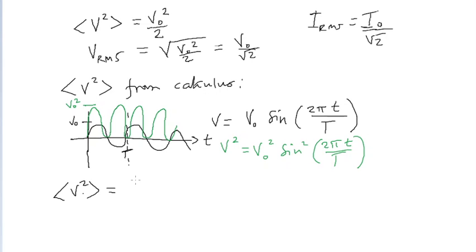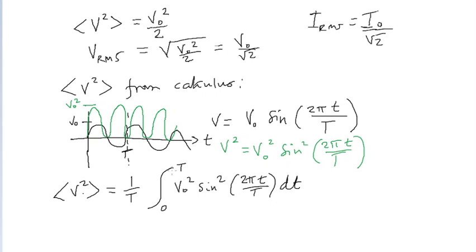So we need to do 1 over the time period times the integral from 0 to the time period, so this is one complete oscillation, and we're going to have v squared, which we said was v naught squared sine squared 2 pi t over T, and we're going to integrate with respect to time here.